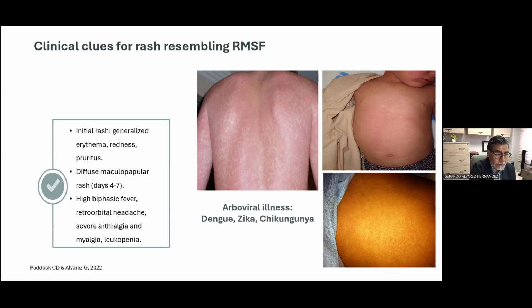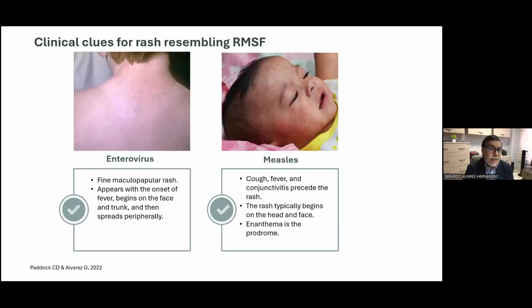Other diseases that clinicians like to include in their repertoire to distinguish RMSF include enteroviral infections. This disease can produce this kind of exanthematic lesions, and currently we need to consider very carefully the potential for measles.